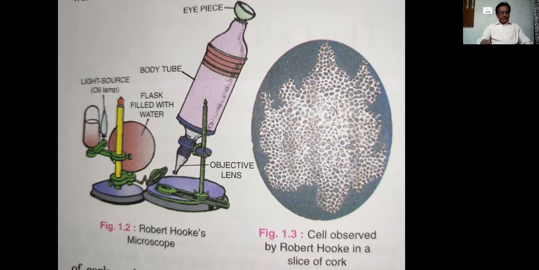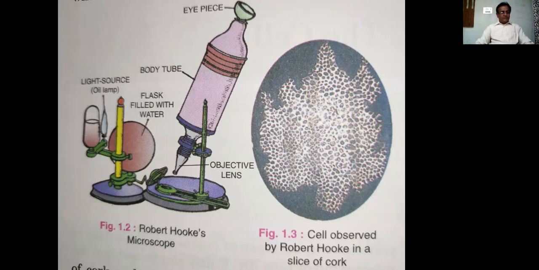That means even a very small thing appears large-sized. So from this point, the study of the cell started, and later on, a new branch of biology developed, and that developed into cytology.